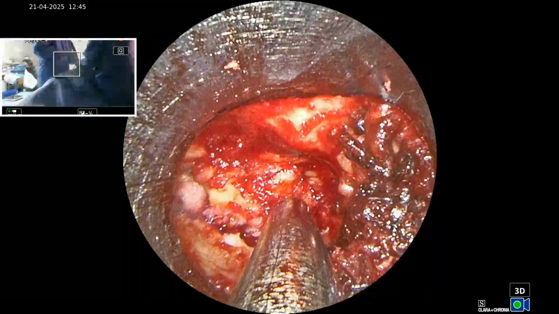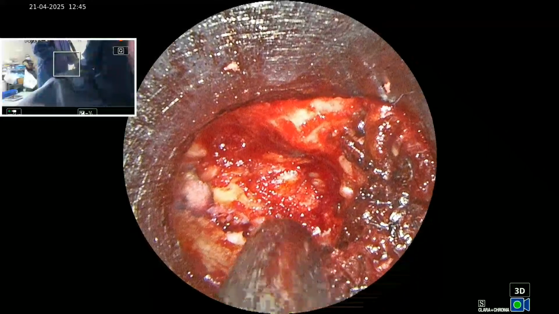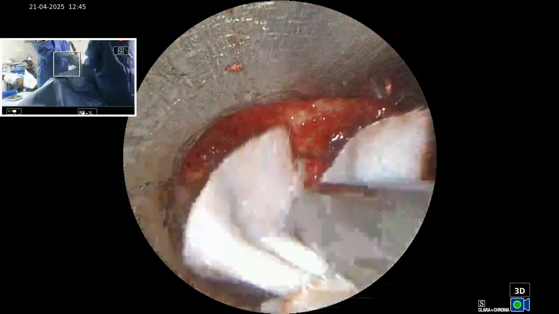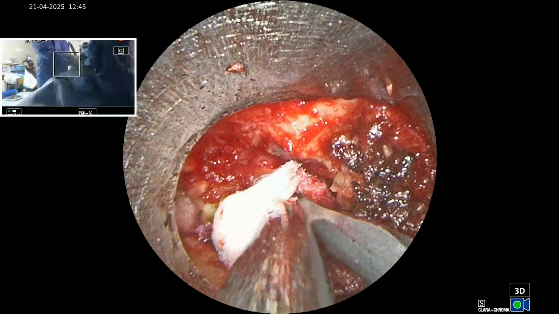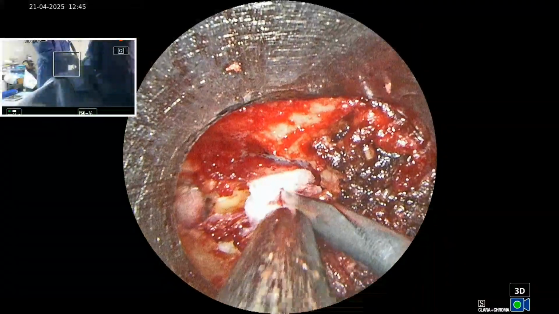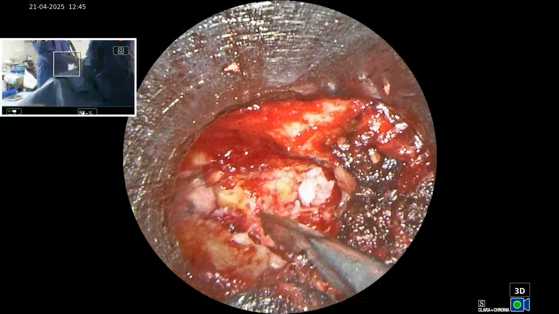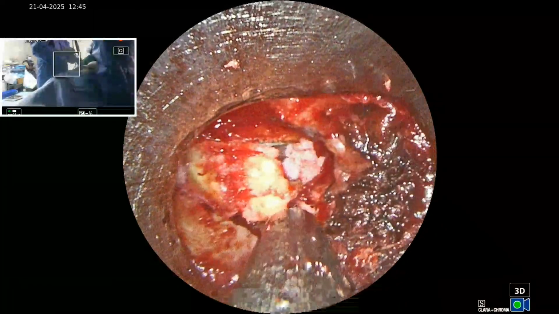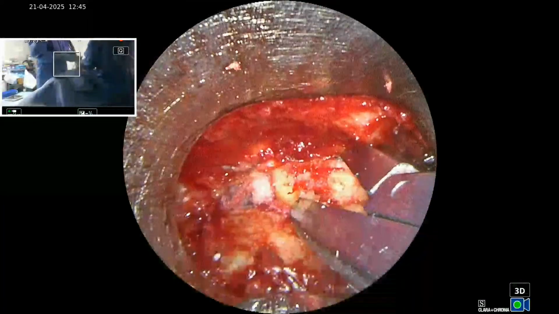Now we'll put another patty cranially also. This is the deep layer of the ligamentum flavum.